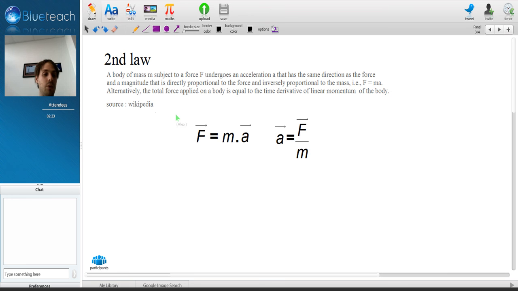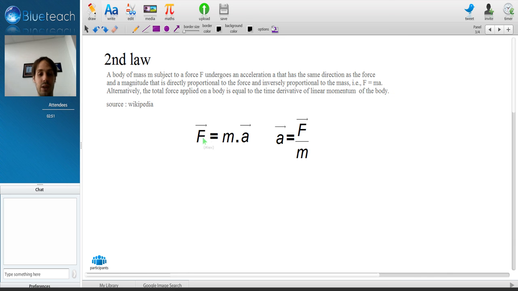For example, if you have someone on a bike and you start to push him, the force that you put on the bike will be transformed into an acceleration. The stronger that force is, the stronger the acceleration will be. The exact relationship between the force and the acceleration is that the force is equal to the mass times the acceleration.